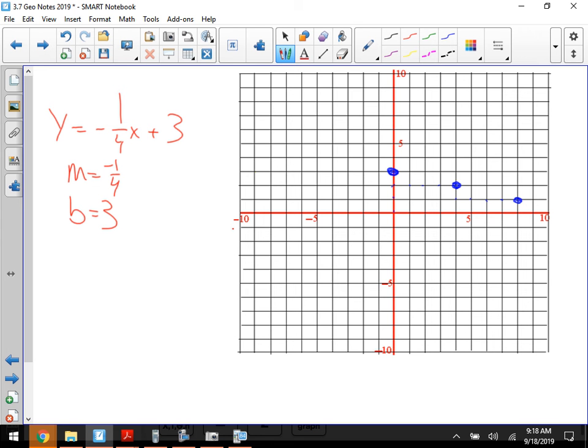So I would just stop. And then I would go the other direction. Up 1, left 4. Up 1, left 4. I want you guys to try and fill up the entire line with however many fit, just to get the habit of filling in the graph, because now you have an idea of where everything's going. And you just connect them through.